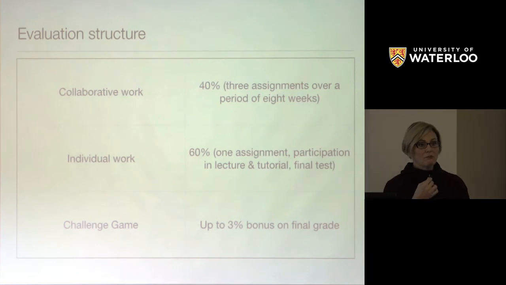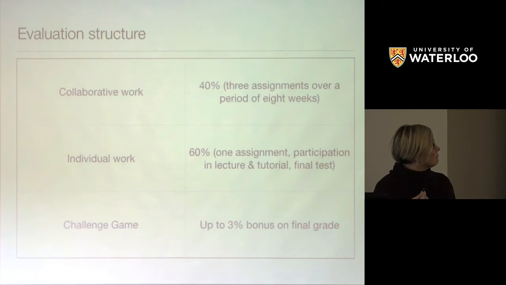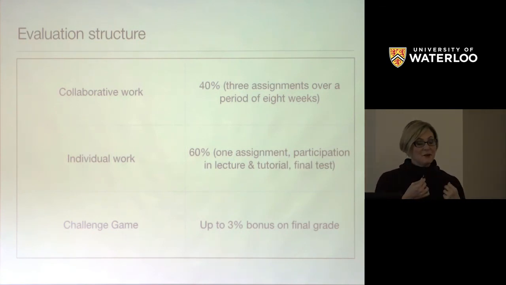Can I follow up once with the 40%? Is that one group grade, or how do you assess? So the first is a 5% group contract. So 5%, they have to write up a contract between the 3 or 4 people in the group, or 4 or 5, sorry, and that's 5%. And then that big proposal is 25%.